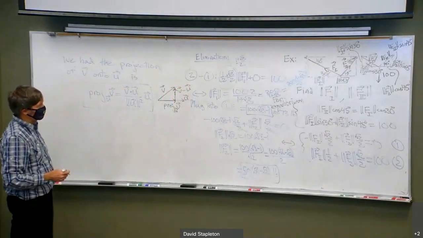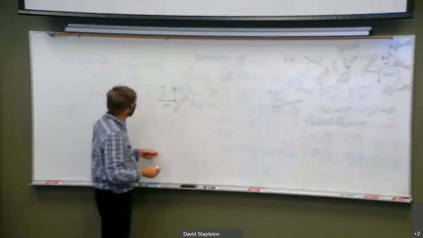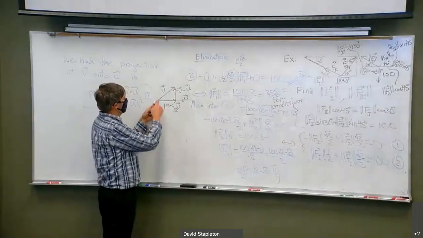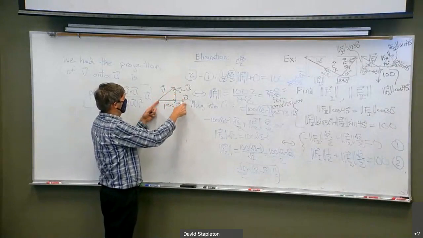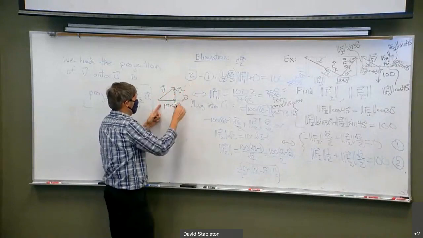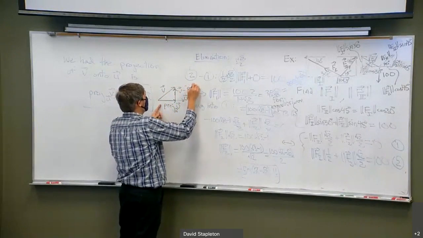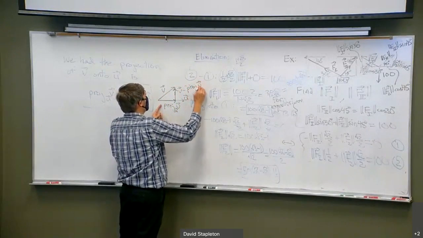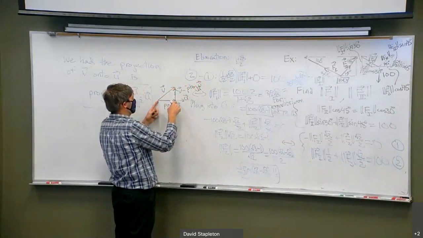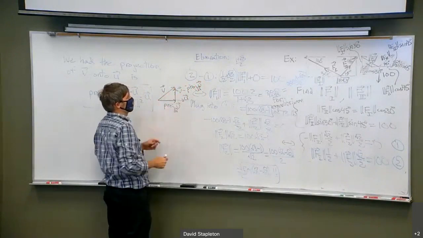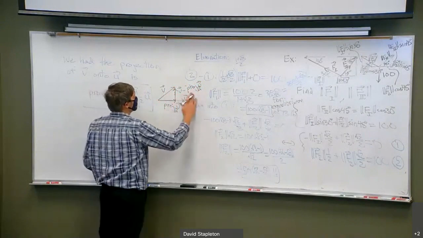Because we remember the triangle diagram, if you have two vectors v and u, v minus projection. Now, v and this vector, their difference is the vector that goes between their endpoints. That was another picture that we drew.